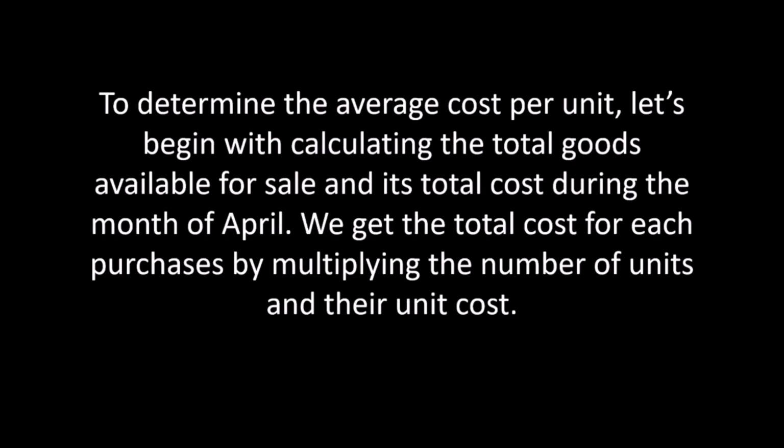To determine the average cost per unit, let's begin with calculating the total goods available for sale and its total cost during the month of April. We get the total cost of each purchase by multiplying the number of units and their unit cost.